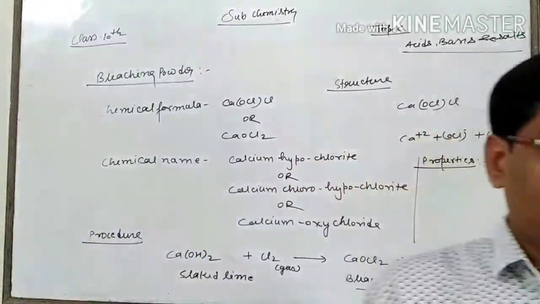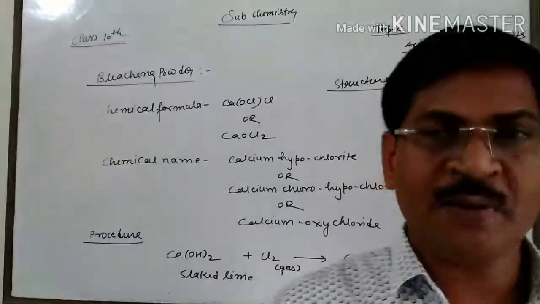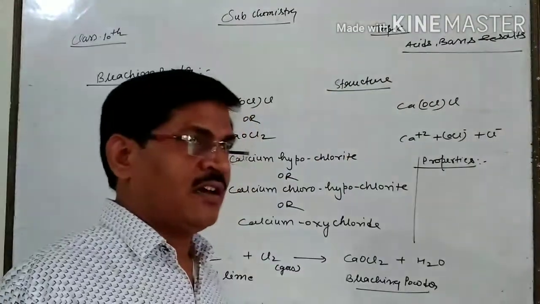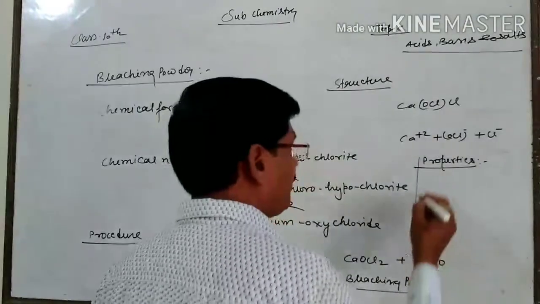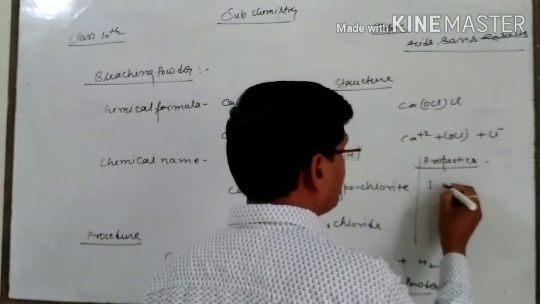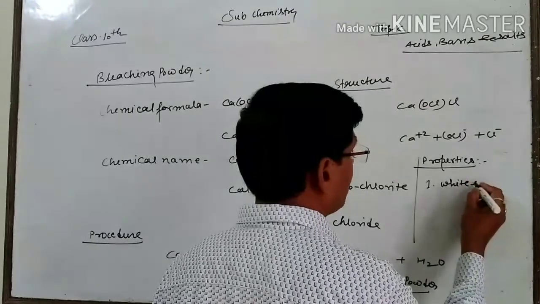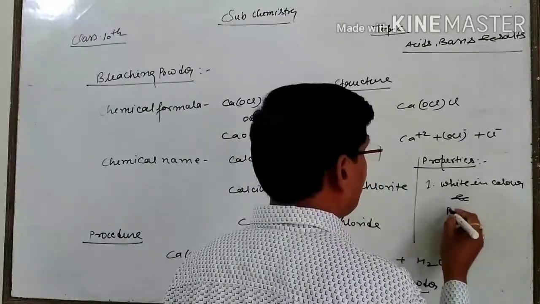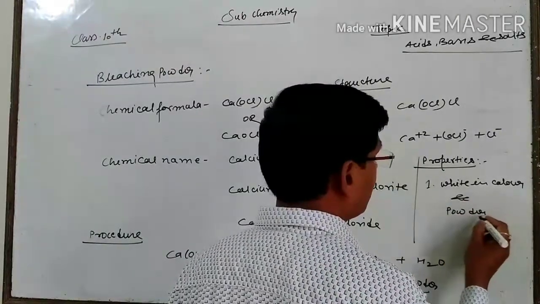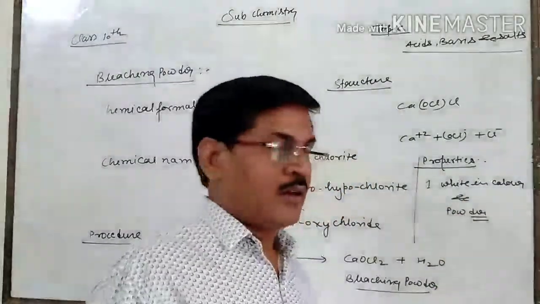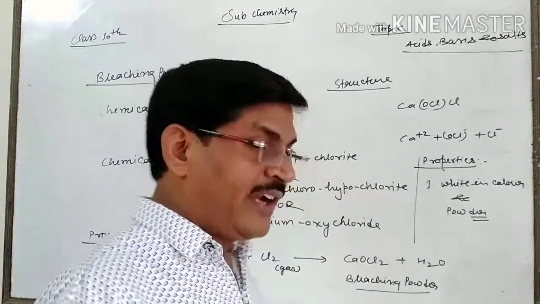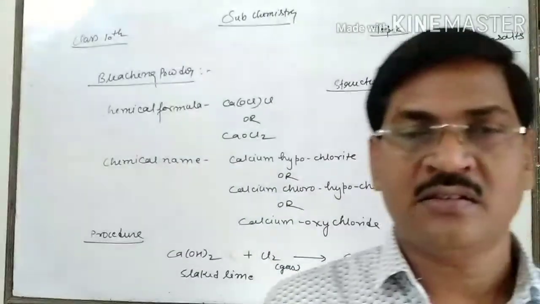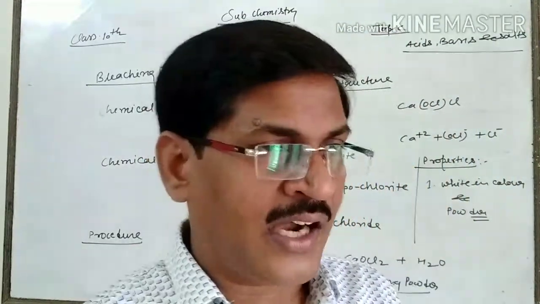Commonly, all of you have seen bleaching powder used for domestic purposes. It is white in color and in powder form. Second, it reacts with dilute acids like sulfuric acid and hydrochloric acid.